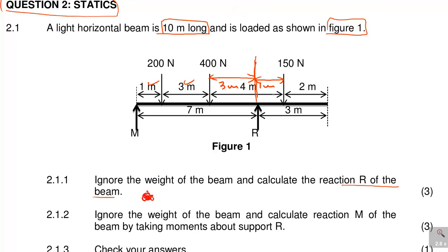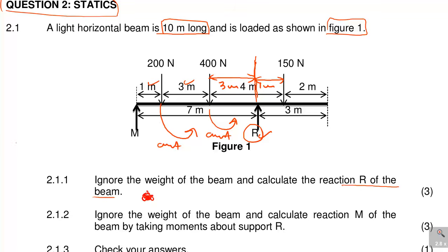So now we have to take moments about R. If you take moments about R, you have to ask yourself, what is the effect of these forces about R? Look at the 200 Newton. You can see how the rotation is anticlockwise. The 400 about R is anticlockwise too. It will cause this beam to go down.